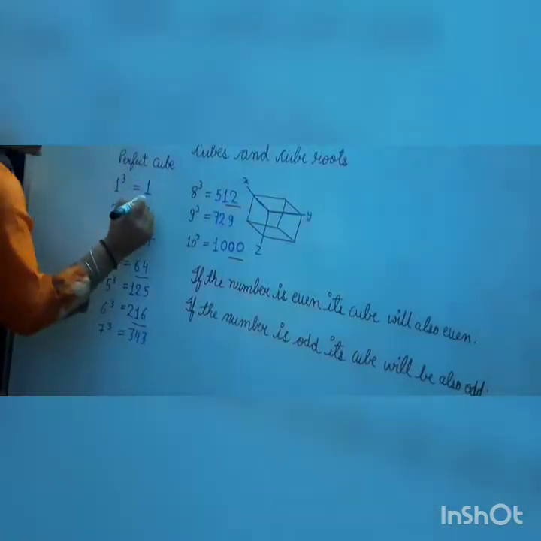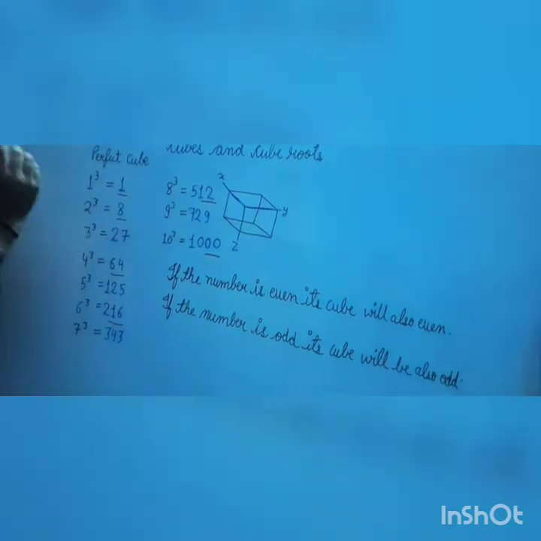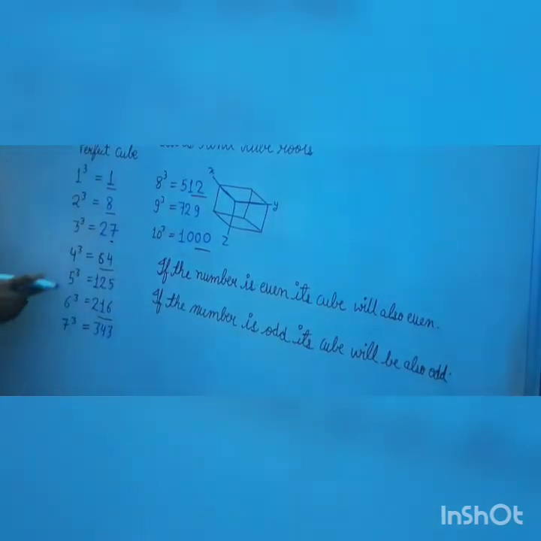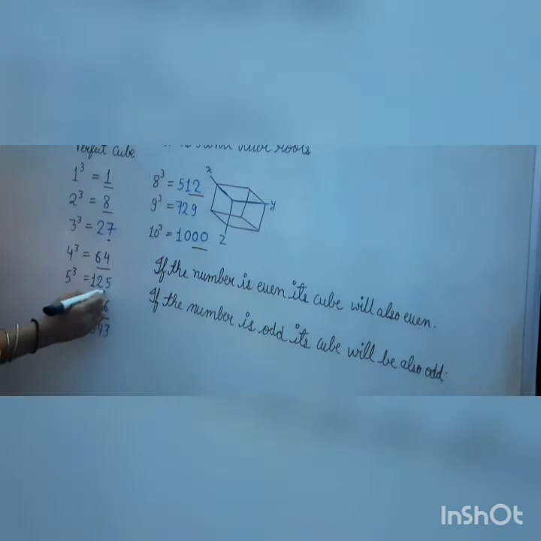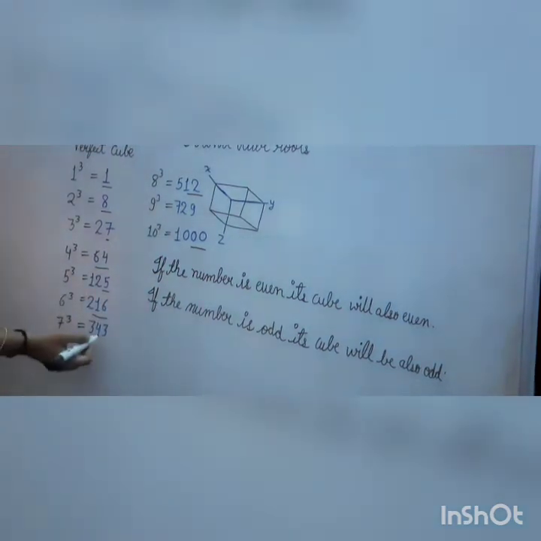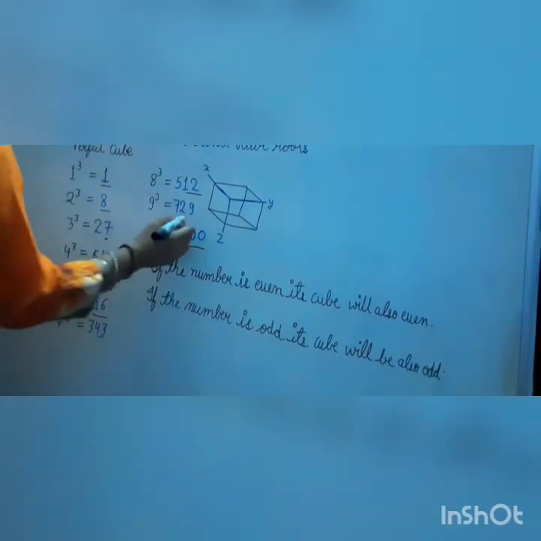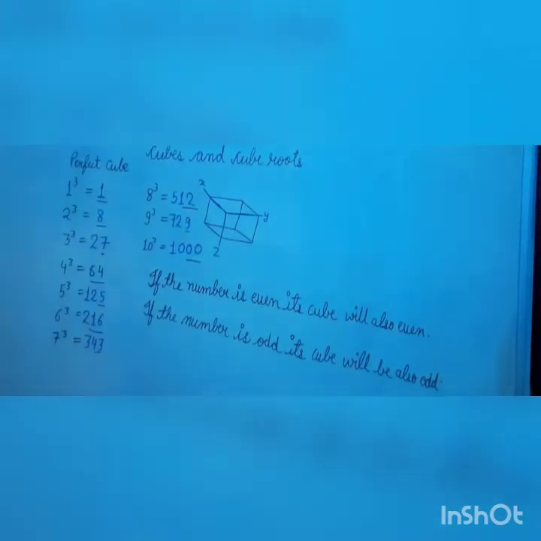You can see here 1 is an odd number, its cube is odd. 3 is an odd number, its cube is odd. 5 is an odd number, its cube is odd. 7 is an odd number, its cube is odd. 9 is an odd number, its cube is also odd.